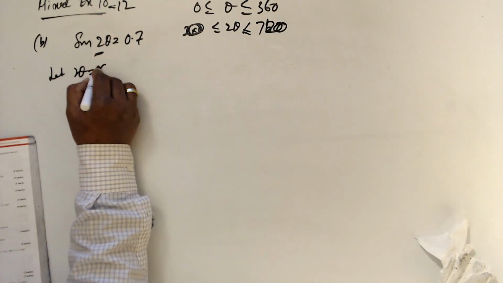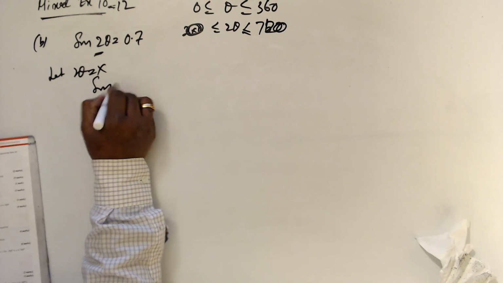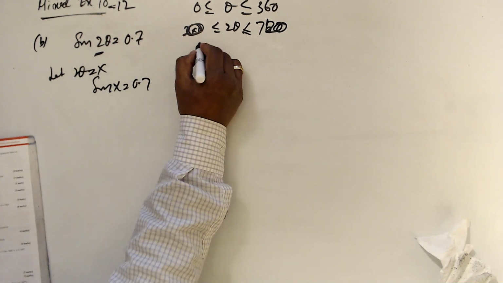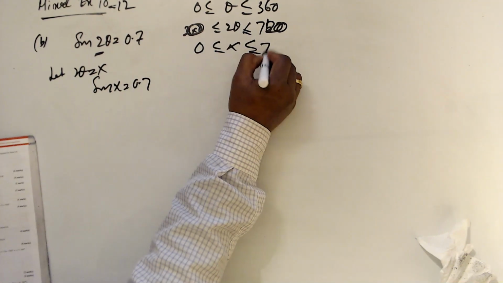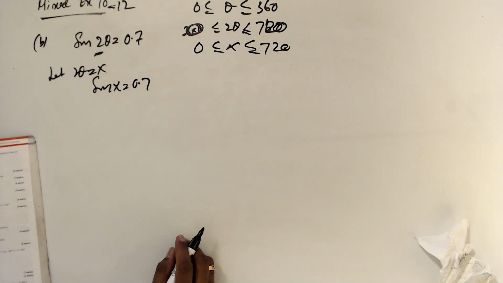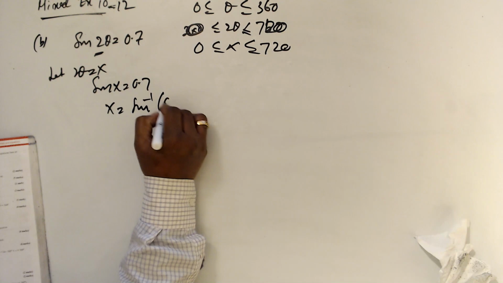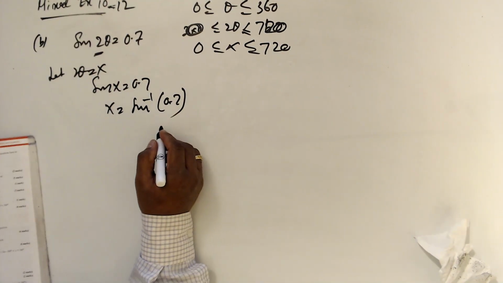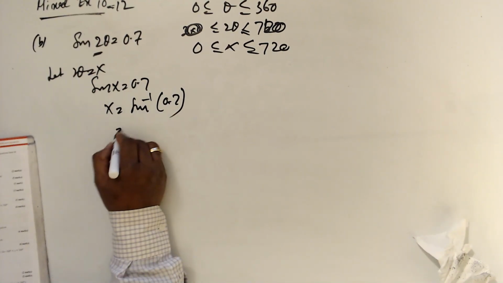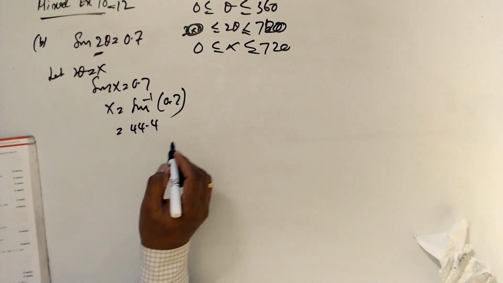Let 2 theta equal x, then sine x equals 0.7, with 0 less than x less than 720. x equals sine inverse 0.7, which is 44.4.